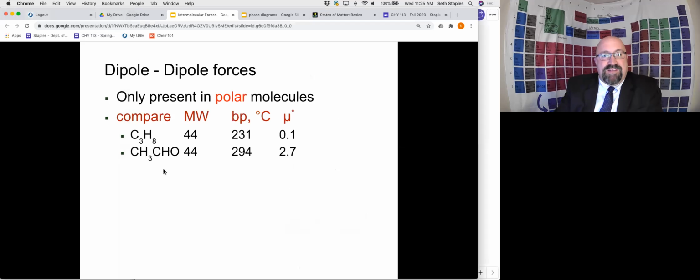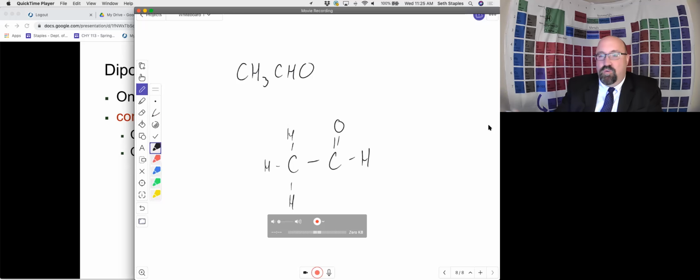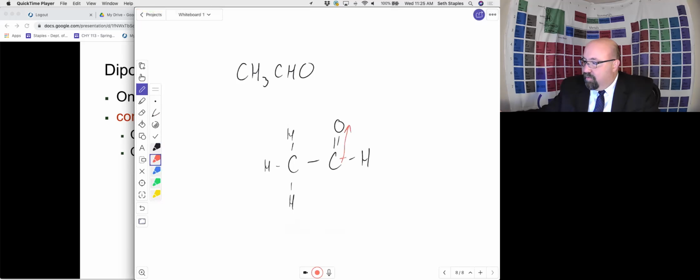The same exact molecular weight, but we can see now that we have a higher boiling point. That higher boiling point is due to the fact that we have this dipole here. And so this is a polar molecule. This is a nonpolar molecule. And that leads us to those different boiling points.